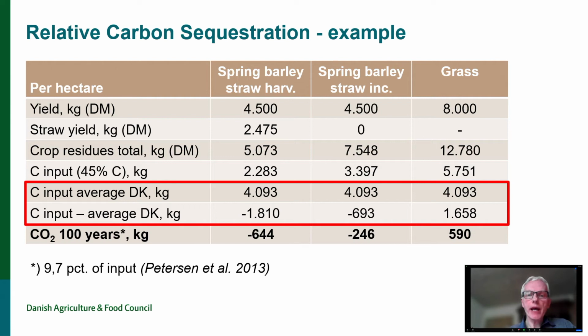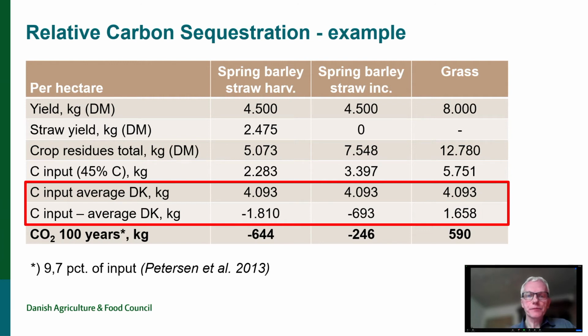And then we compare the input in the specific field with the average carbon input into Danish soils. It has been calculated to a little bit more than 4,000 kilo carbon per hectare per year on average. And this figure is just used as a reference.